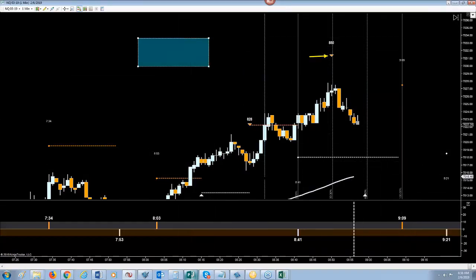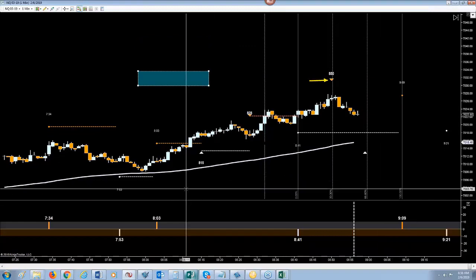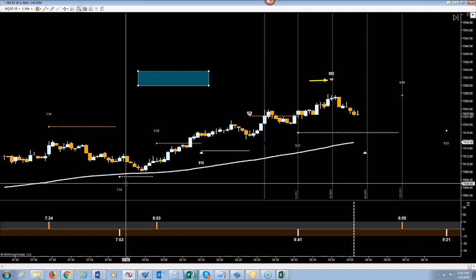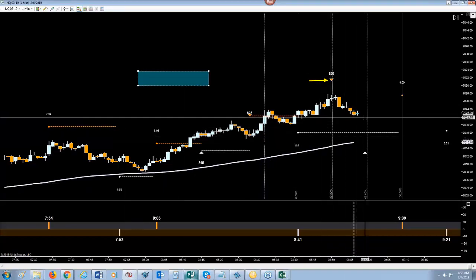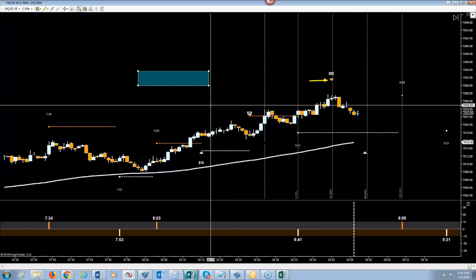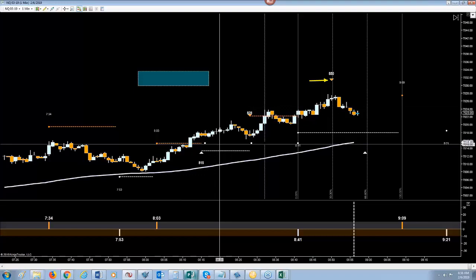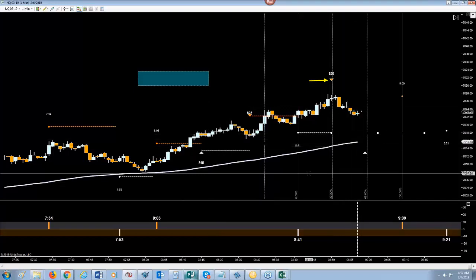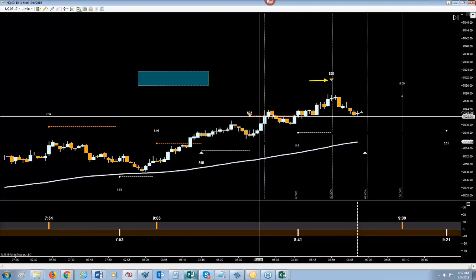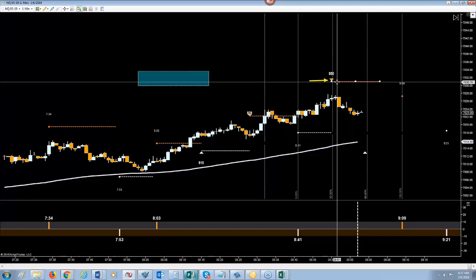The next signal coming up will be 57, 58, 59. So we'll come over here, copy paste that stop line right there.